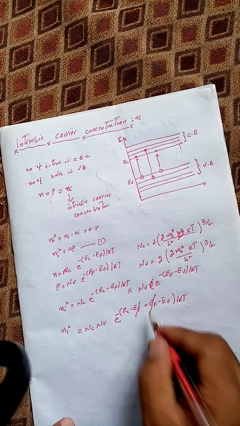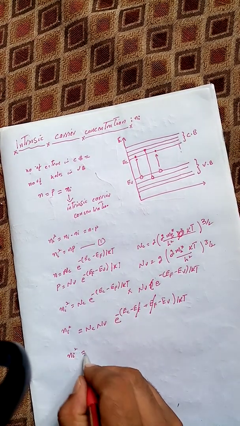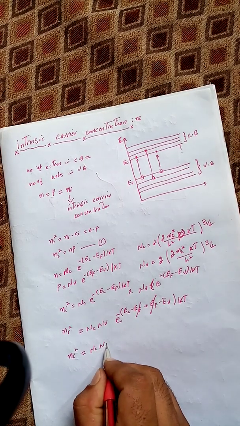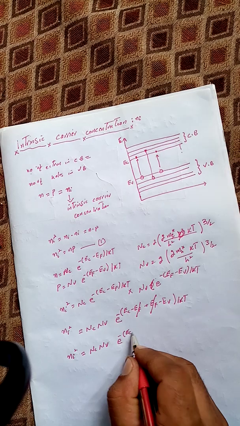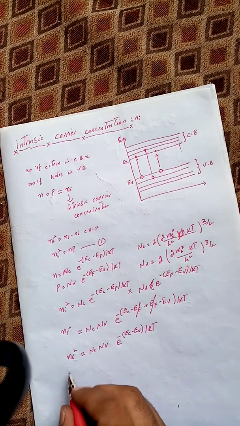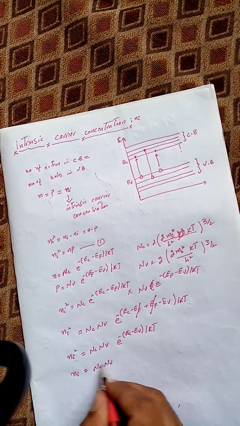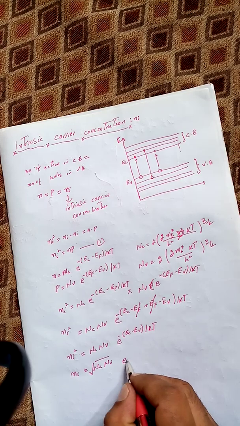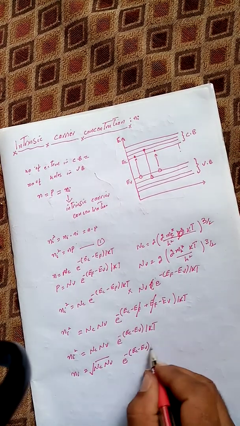Now plus Ef cancels with minus Ef. So Ni square will be equal to Nc Nv e raised to power minus Ec minus Ev over kT. Ni is equal to square root of Nc Nv into e raised to power minus Ec minus Ev over 2kT.